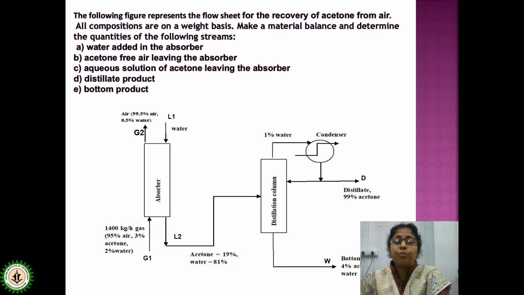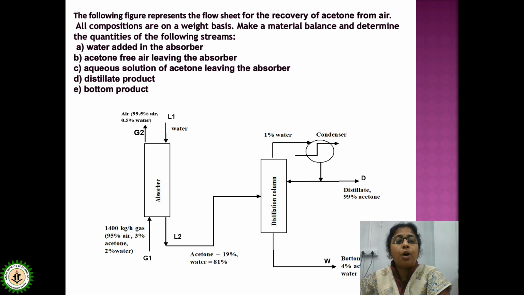The remaining percentage is water, that means 96% is water. And similarly in the distillate the water percentage will be 1%. So this is the total flow sheet which is given for the solution of this problem.